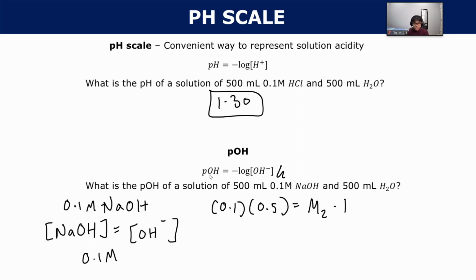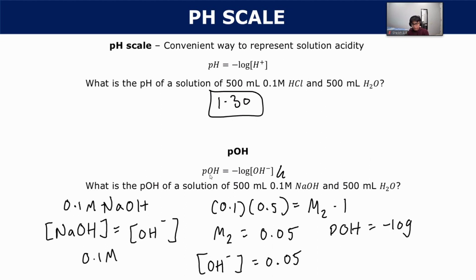It's very similar to the first problem. And so our final molarity is going to be 0.05. So our concentration of OH minus ions is 0.05. So remember, our pOH is the negative log of the concentration, so 0.05, and that means our pOH is going to be 1.30 again.